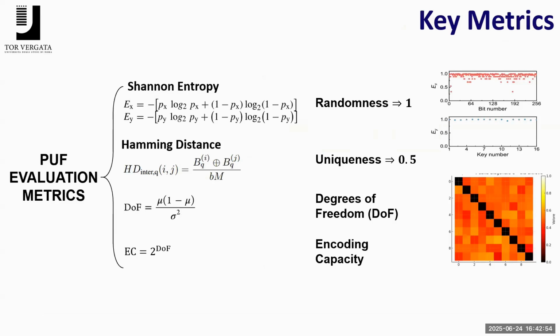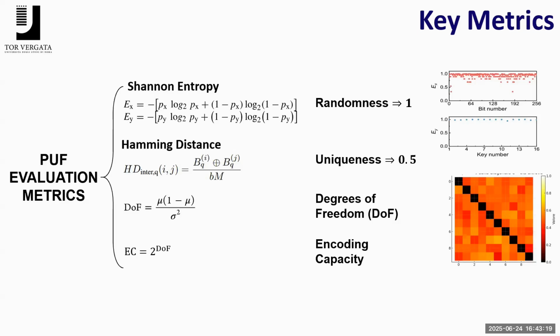Okay, then we need to evaluate how good our key is in the cryptographic sense. So we can analyze the randomness by using the Shannon entropy, let's say the probability of having a 0 or a 1 in any pixel of my database, and it should be close to 1. It means that in any position we have a 50% probability of a 1 or a 0.